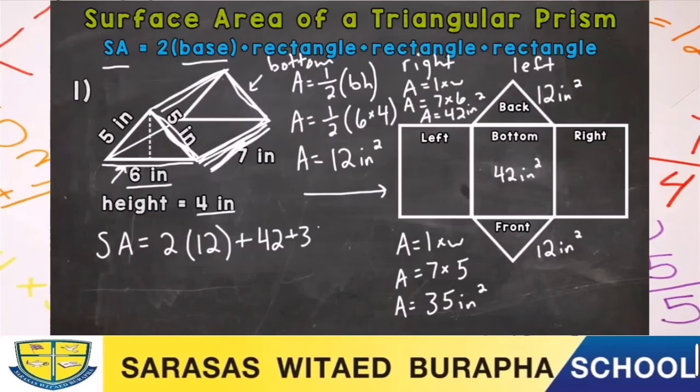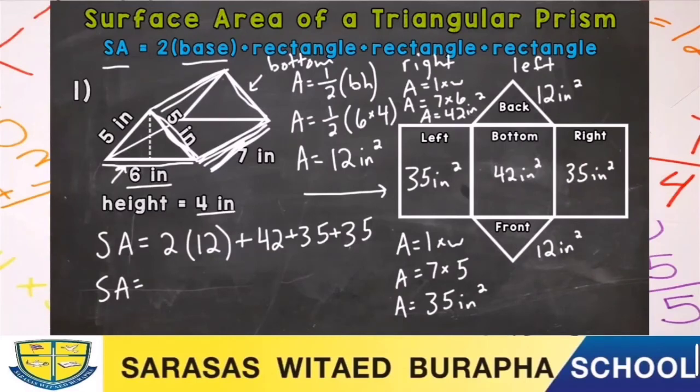So 35, and again, this is the right one we did, but the left one is the exact same in the case of this triangular prism. So 35 square inches. So let's add another 35. And now we are good to go as far as adding this up. So we get 2 times 12 is 24.